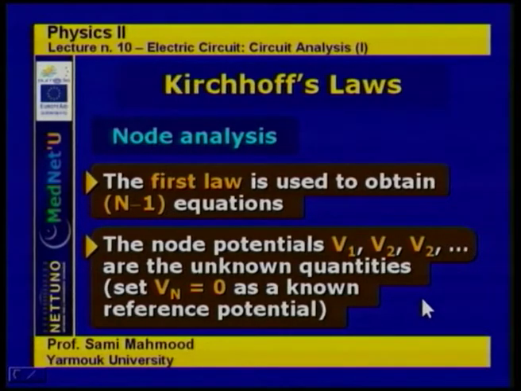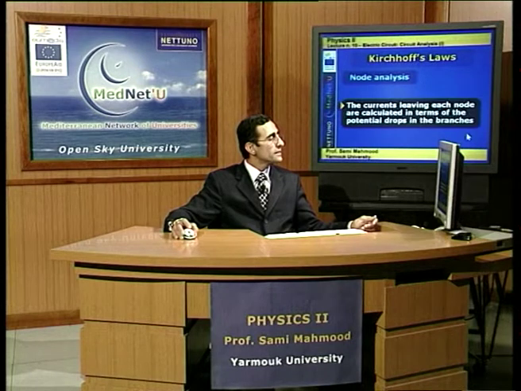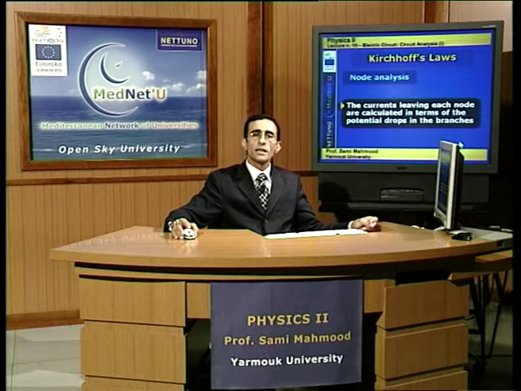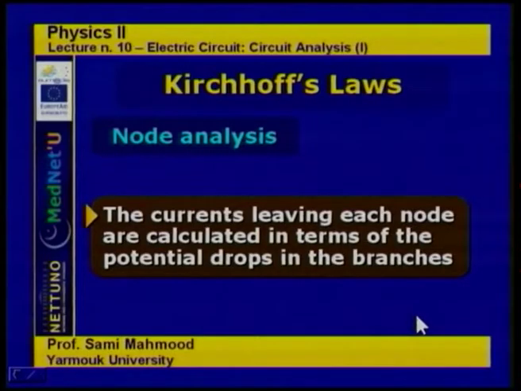So V1, V2, V3 are unknown, and V at the fourth or the last junction, we assume that it is zero. The potential is zero as a reference. It's okay, we can set it as zero as a reference potential. And now we assume that currents are leaving each junction, and we calculate the current leaving each junction, and the summation of the currents leaving each junction is set equal to zero.